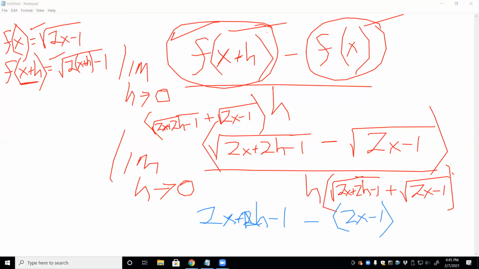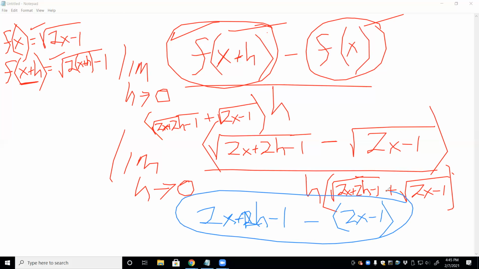And remember what I always told you, is that when you simplify that numerator, every term that does not have an h in it will go away.